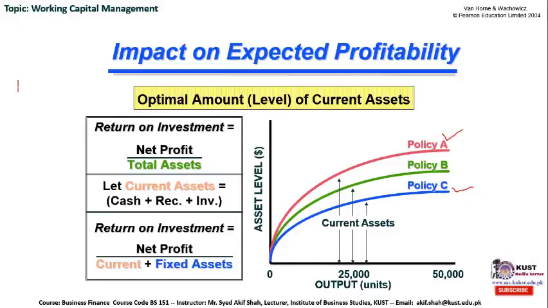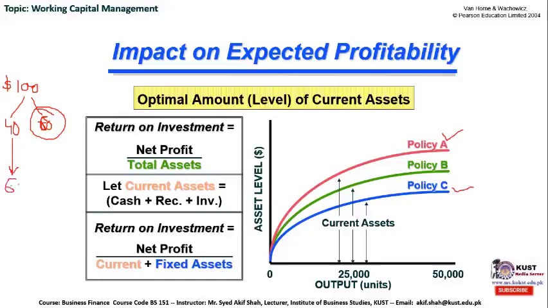Since we have assumed that total assets of the company are $100, and in policy A there were $40 in current assets and $60 in fixed assets. Now we have assumed that all other factors will be held constant, so therefore the $60 will remain as it is, and we are going to increase the investment of this company in the current assets only.